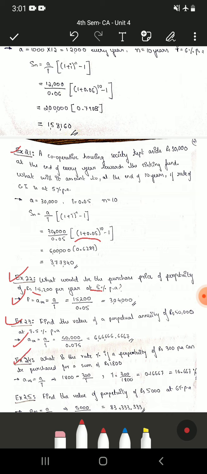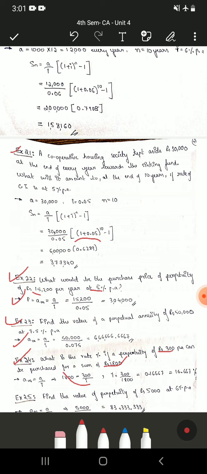In this question they have asked the rate of a perpetuity of rupees 300 per annum, wherein they have purchased it for a sum of rupees 1,800. Here A to the suffix infinity is given, A is given, and they have asked for i.